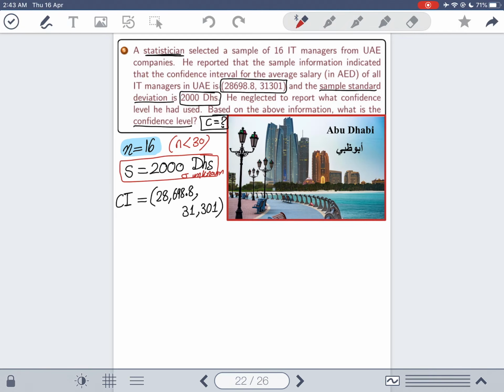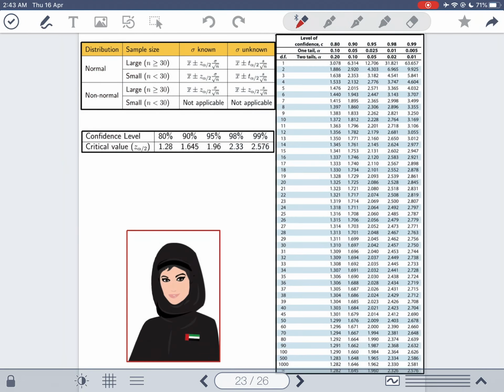And it didn't tell us about the distribution, but you must know, because the sample size is small and it's a statistician who's doing this, it must be that he knows it's a normal distribution. Otherwise, he cannot do anything. So we know that it's a normal distribution, a small sample size, and that sigma is unknown because they gave us the sample standard deviation S. So this means that we're going to use this formula for the confidence interval.